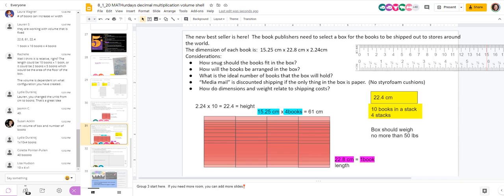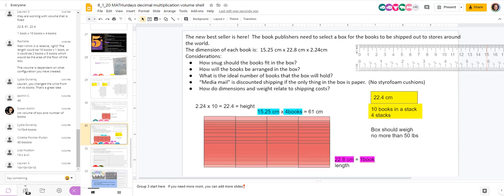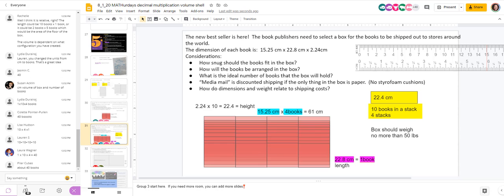All right, so we had people that multiplied 10 times 1 times 4 and got an answer of 40. What other calculations could be correct other than 40?